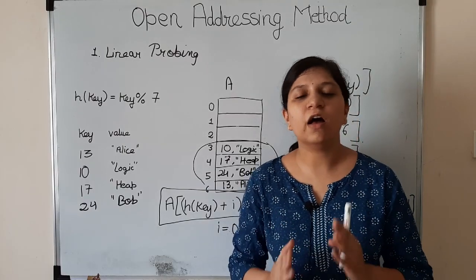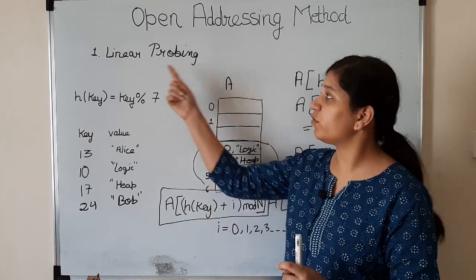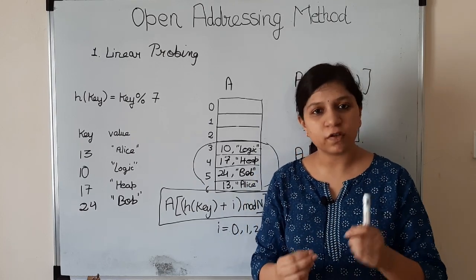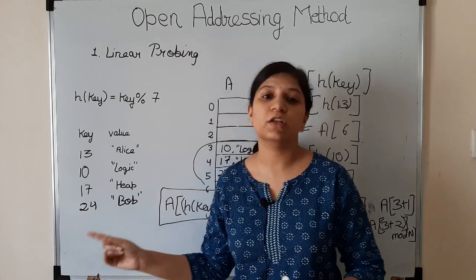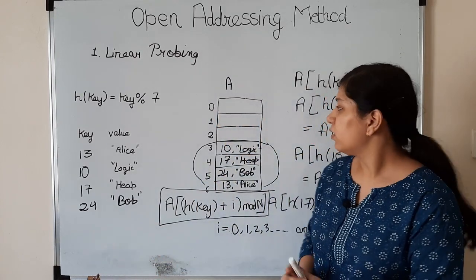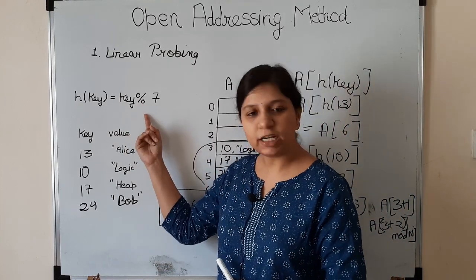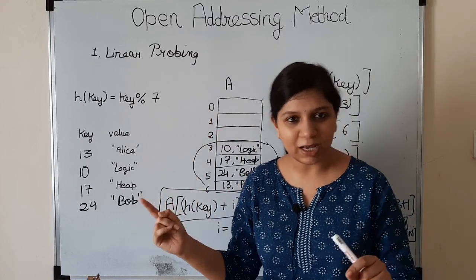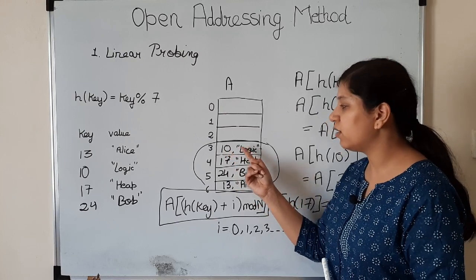We just saw how we can do insertion in a hash table when we are using linear probing. Now let's see how we can do search in it. Suppose you are given a key as 24 and you need to search its value. Now what will you do? First thing we always do is use the hash function. So 24 modulo 7 is going to give you 3. Now you will go to index 3 and check the key.